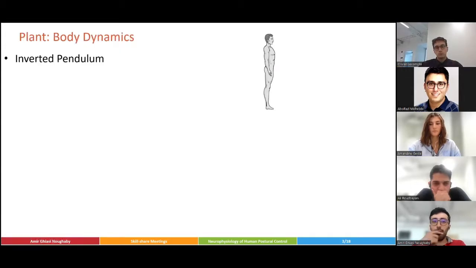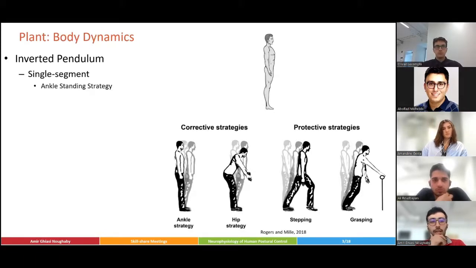But we said that the plant that we are going to control during postural control is the body, and in a simple schematic we consider it as a single inverted pendulum. That is the ankle strategy to explain postural control.